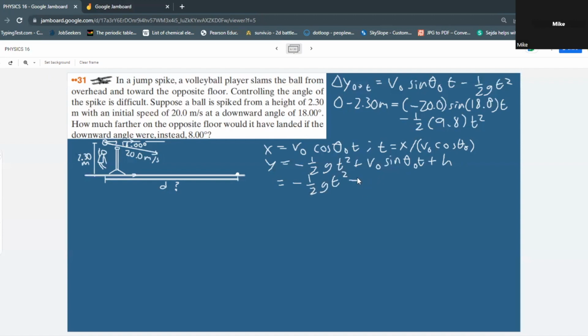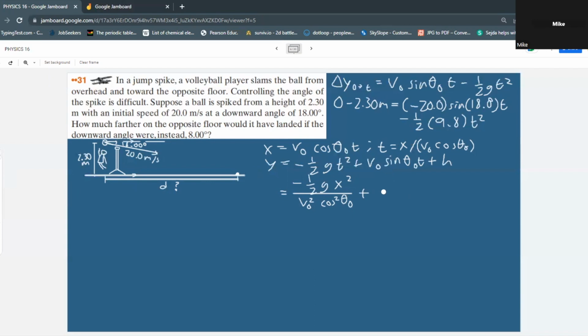Instead of t, gusto natin ay x over v naught cosine theta, squared. So v naught squared cosine squared of theta. Plus v naught sine theta times x over v naught cosine theta. Kakancel na pala yun.